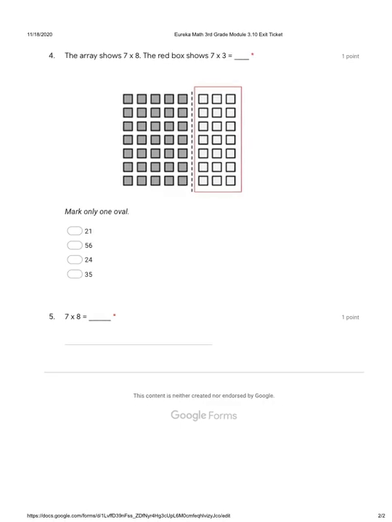Okay, they want to know what 7 times 3 is. This red box shows 7 times 3. So we still have 7 rows, just like this side was 7 rows, okay? But we only have 3 columns, 1, 2, 3.